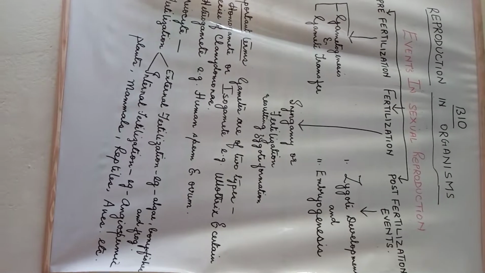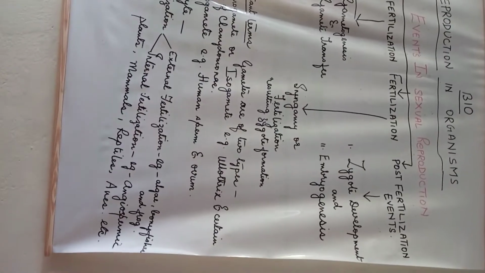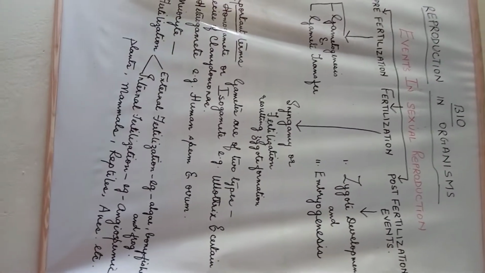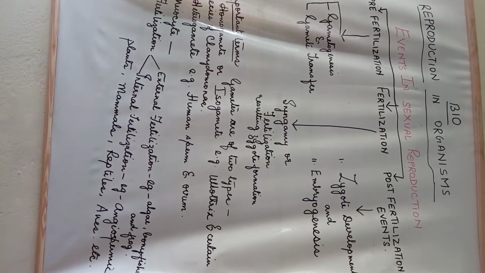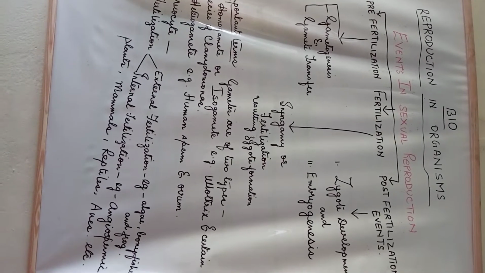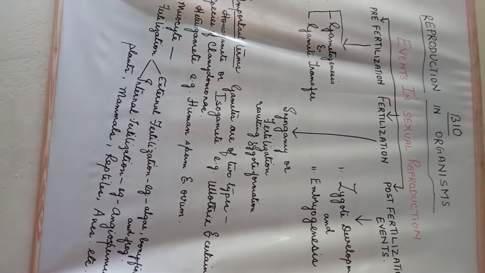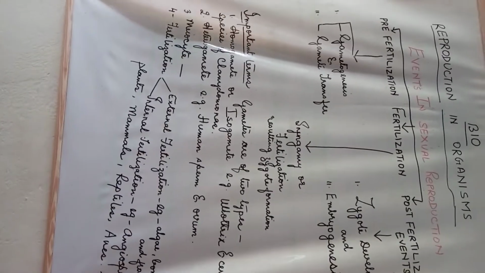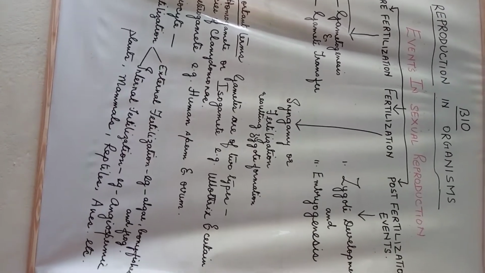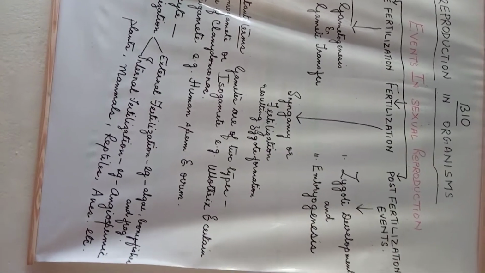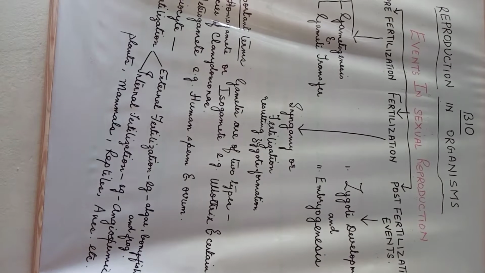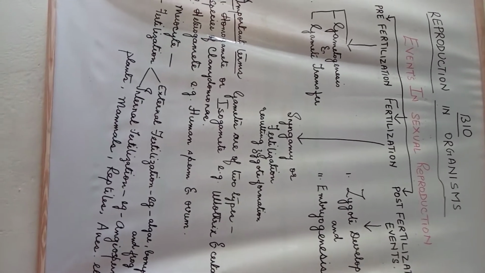Coming to algae and fungi, the zygote normally develops a thick wall and undergoes a period of rest. In these organisms, sexual reproduction and zygote formation occur at the end of the favorable season, and hence the zygote helps to overcome the unfavorable season.